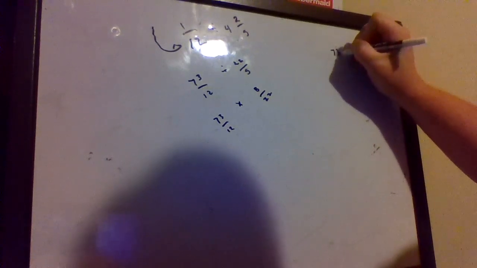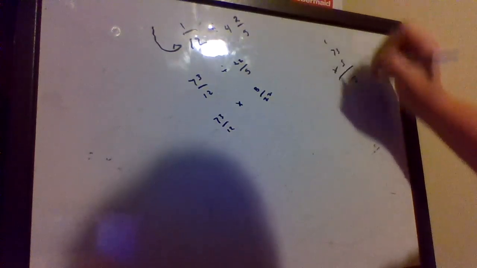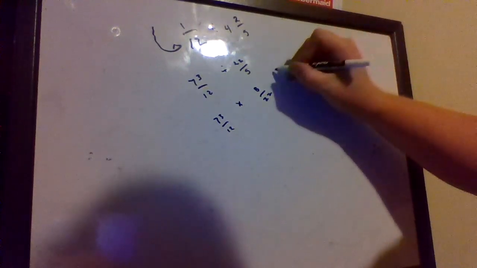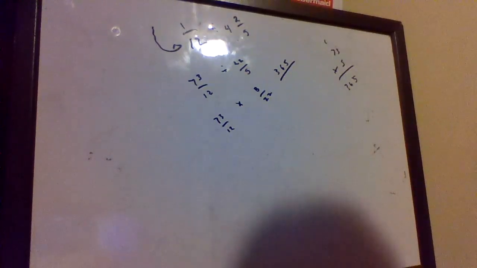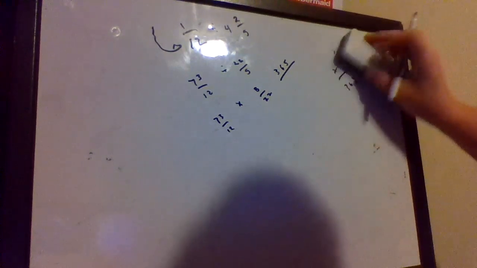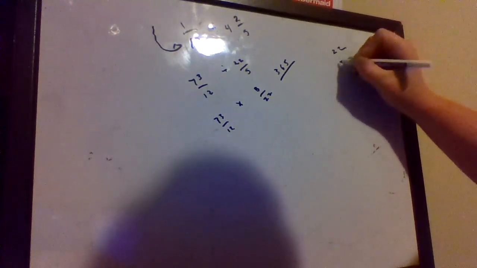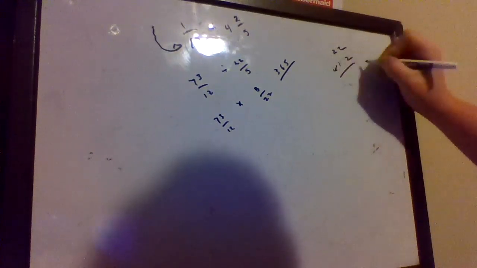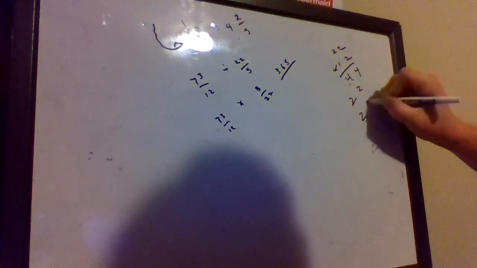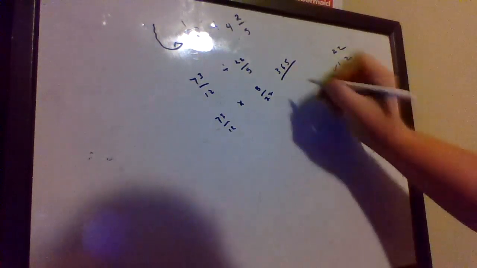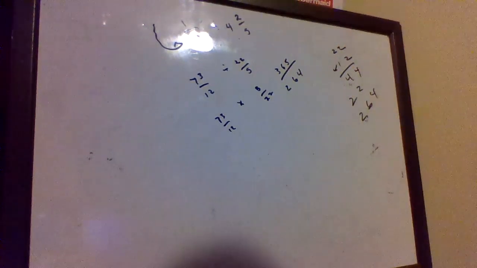So 73 times 5, 15, carry the 1, 35, 36, 365 over 22 times 12, 4, 4, 2, 2, 264, 264.